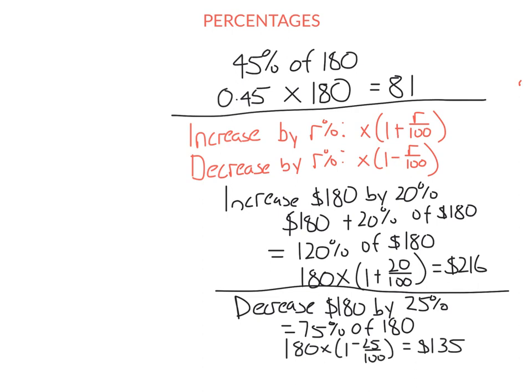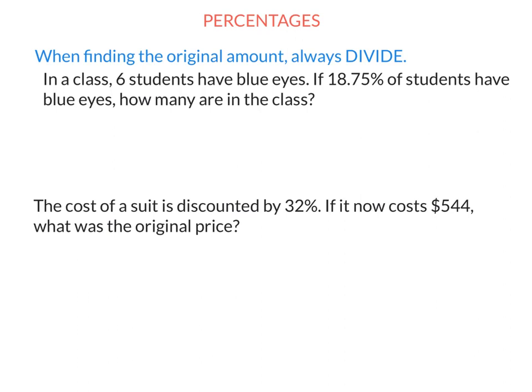So now I'm going to quickly show you how to find the original amount in a percentage question. So let's do these questions here. So firstly, in a class, 6 students have blue eyes. 18.75% of students have blue eyes. How many are in the class? So what we're finding is the original amount. So that might not be clear in this question.